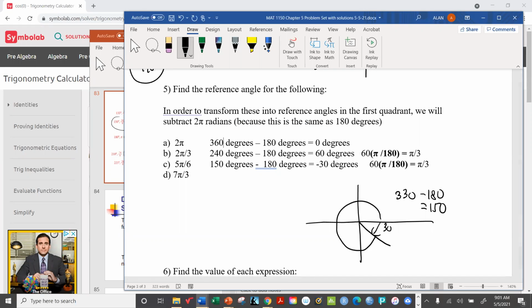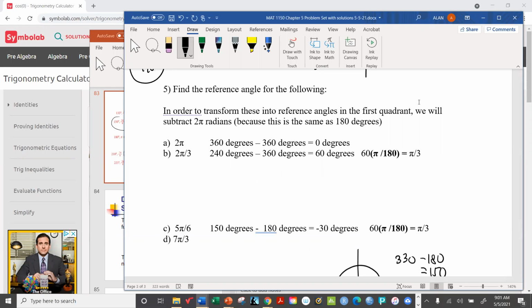All right, let's try this. There has to be a pattern here. Supposedly the rule is to subtract 2 pi. All right, let's go back to these two. Let's try this again.